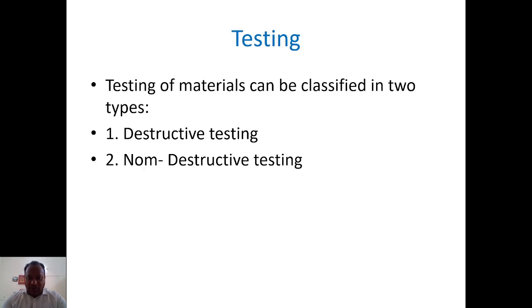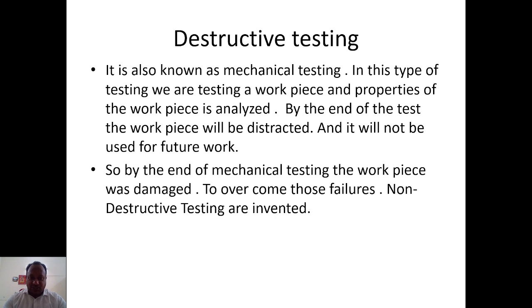Testing of materials can be classified into two types: destructive and non-destructive testing. Destructive testing is related to mechanical testing. Here we test the workpiece, that is, the material and its properties, thermal, mechanical, electrical, all of which can be analyzed.